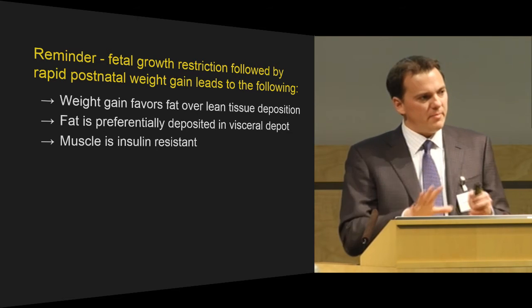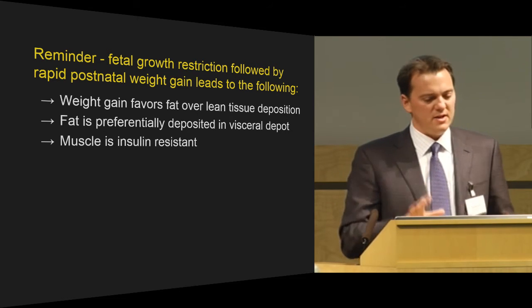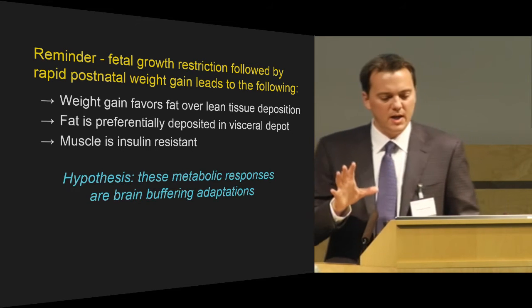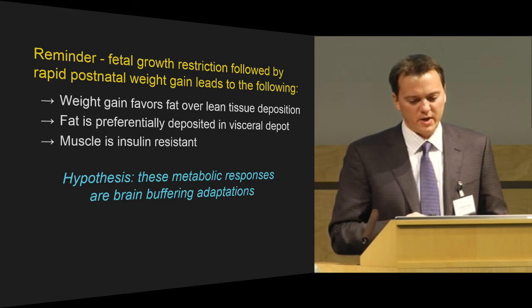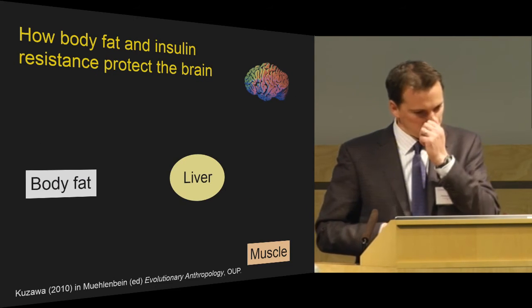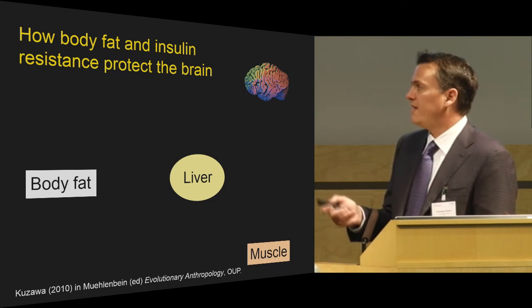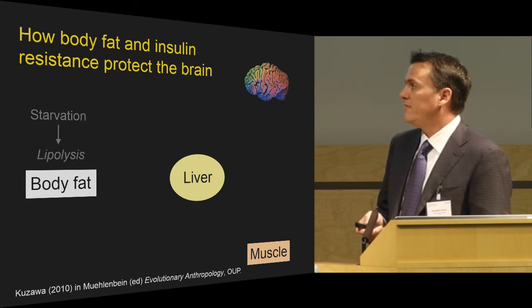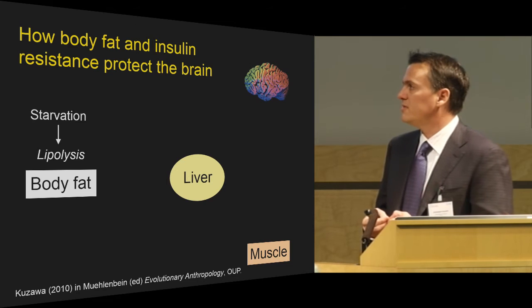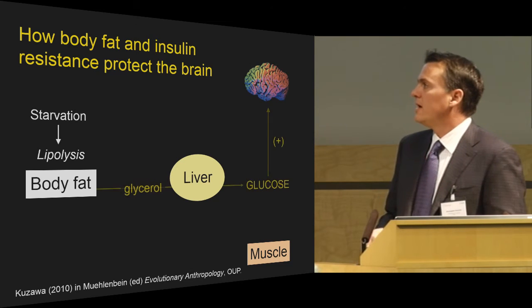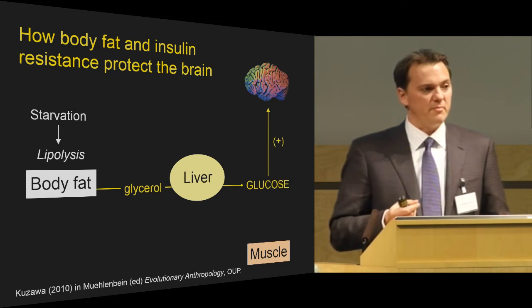If we think about this, of course these contribute to diabetes, but thinking about it functionally, we might think of these as ways for the body to buffer the brain. Let's take a quick look at how that might work. Here we have body fat, liver, muscle, and brain. If you experience starvation or some other stressor that causes you to break down triglycerides, you have direct buffering of the brain.